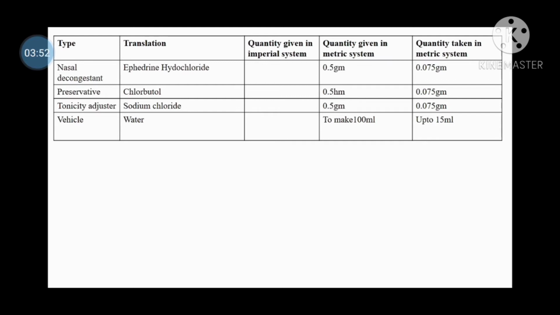In 100 ml of preparation, sodium chloride will require 0.5 gram, and in 15 ml of preparation it will require 0.075 gram. Then water, which is used as a vehicle, in 100 ml of preparation it will use up to 100 ml of volume, and in 15 ml of preparation it will use up to 15 ml of volume.